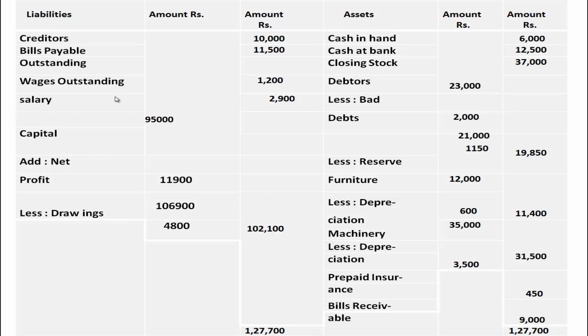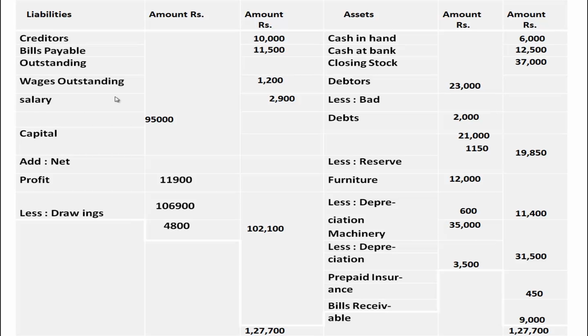Now the capital given in the trial balance is 95,000. We have to add the profit amount into the capital, so it will become 1,06,900, the final capital amount. There are some drawings from the promoters or the owner of the business. We have to reduce that amount from the capital, because that capital amount was drawn by the business owner.